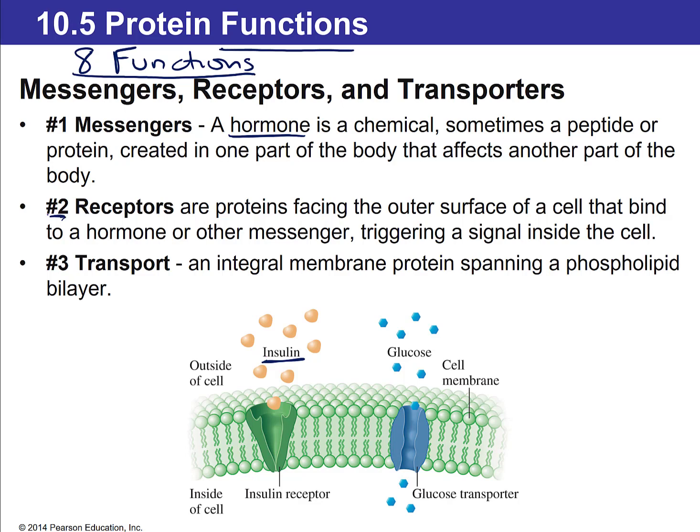The second one is the receptor. So in this one, that green structure that's embedded in the membrane, that is the insulin receptor. And the shape of the receptor, globular, the shape of the receptor allows the insulin to fit into a pocket.